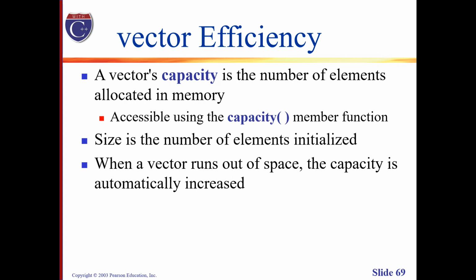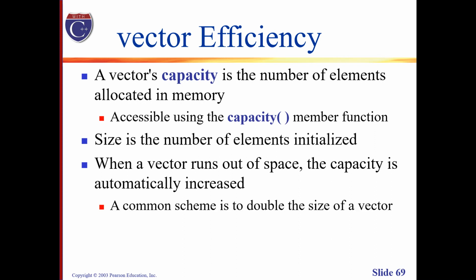When a vector runs out of space, the capacity is automatically increased. A common scheme is to double the size of a vector. Therefore, it is more efficient than allocating smaller chunks of memory, thus assuring us that our vector always has enough capacity to accommodate new elements.